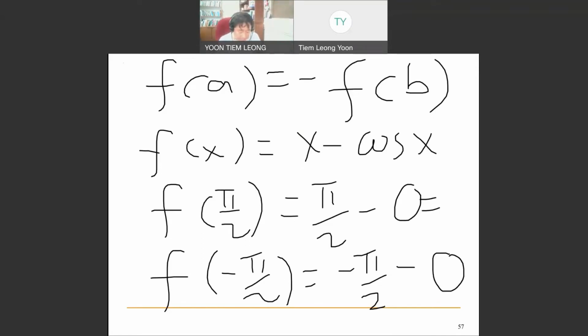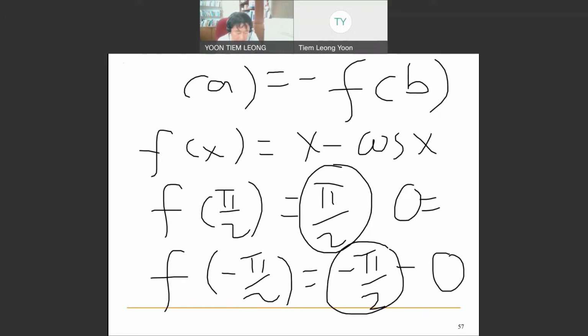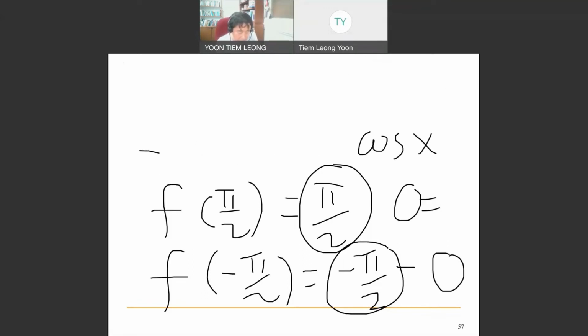So here you find out that f at pi over 2 is a positive number, which is pi over 2, whereas f at negative 90 is a negative number. Okay, so let me try to sketch these situations for this function onto a graph. I'm just going to sketch 2 points.